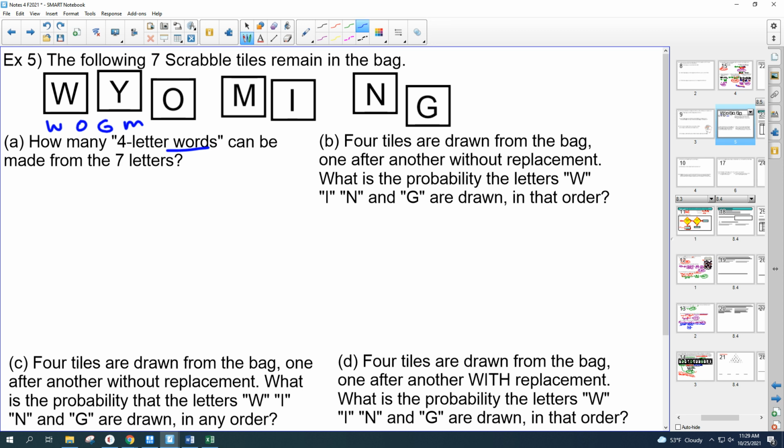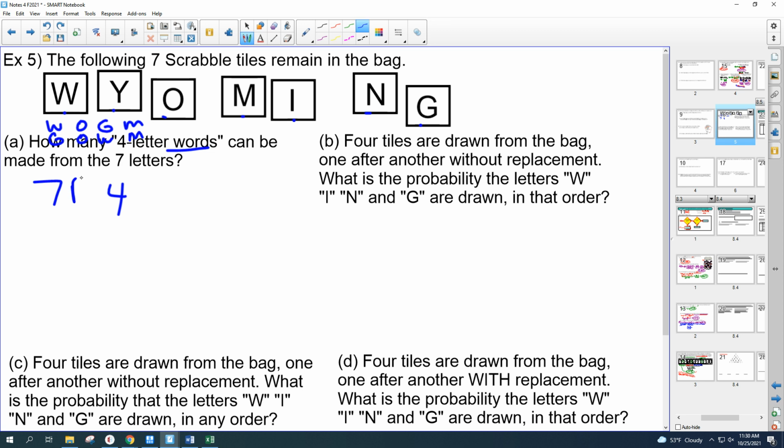So how many? I'm reaching in that bag and I'm pulling 4 letters out. It's a group from a group. I've got 7 letters showing 1, 2, 3, 4, 5, 6, 7, and I'm picking out 4. And I'm spelling a word. And so does order matter or not? Well, that word is different than that word.